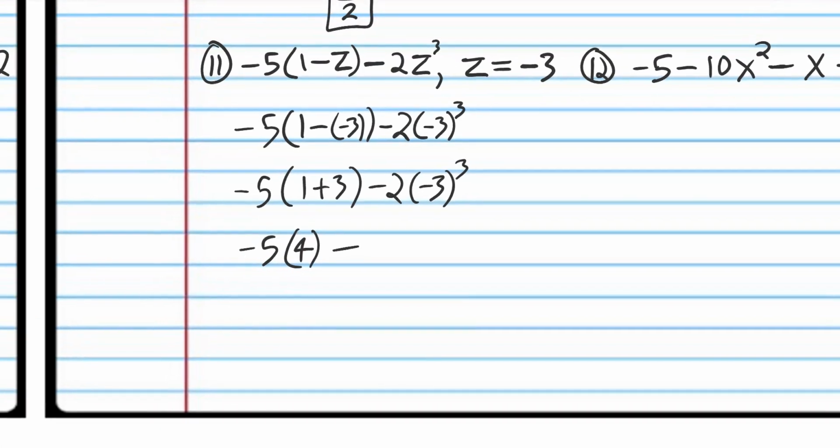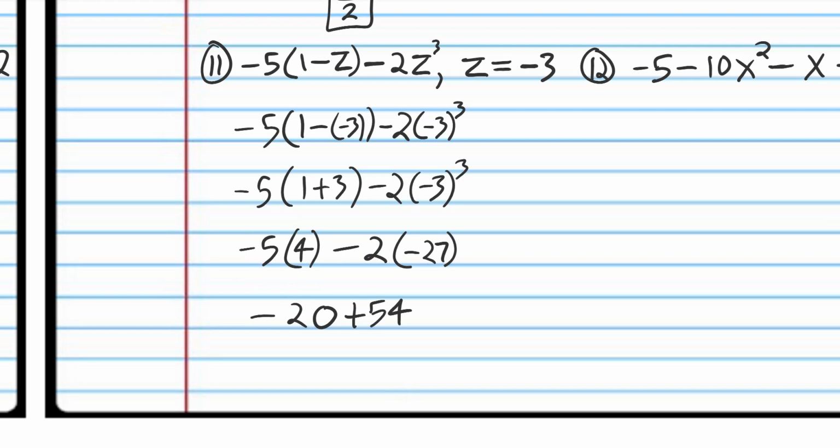All right, so then -3 to the third power is -27. And -27 times 2 is +54. And -5 times 4 is -20.